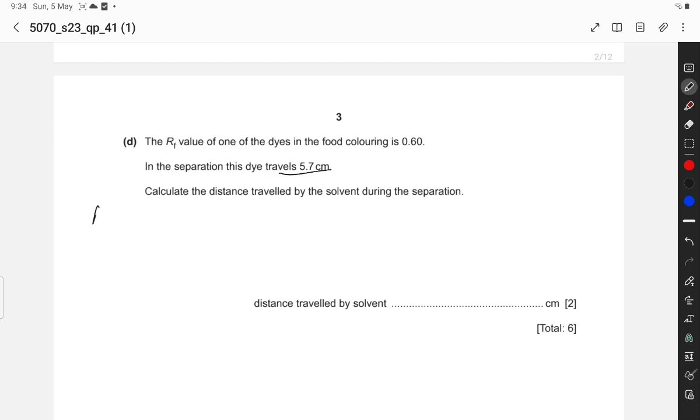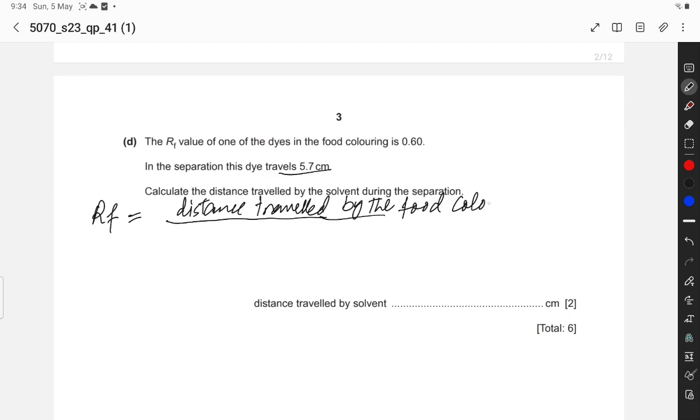So Rf, this is the formula: the distance traveled by the dye, by the food color, divided by the distance traveled by the solvent.